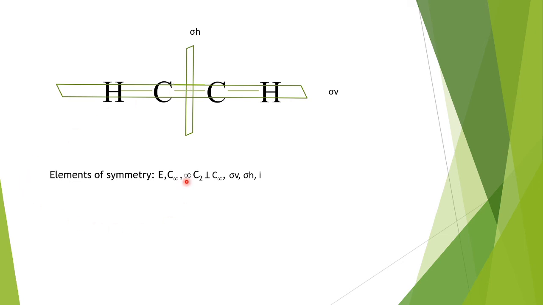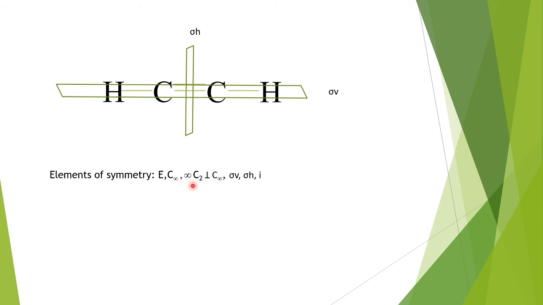So here we have the elements of symmetry. We have capital E, that is the identity element. Then we have C infinity, the principal axis, which gives infinite similar appearances. Then we have infinite C2, infinite twofold axes, perpendicular to the C infinity axis.